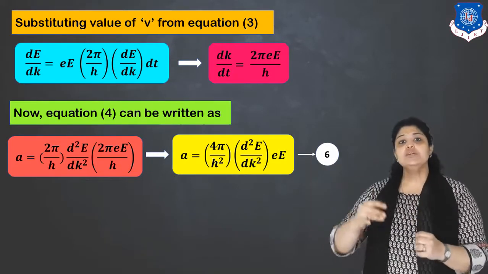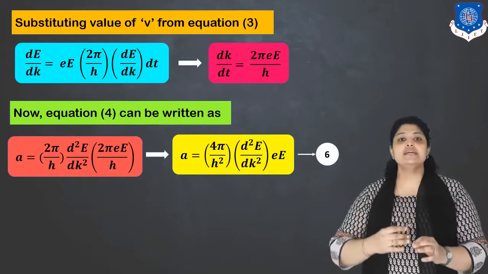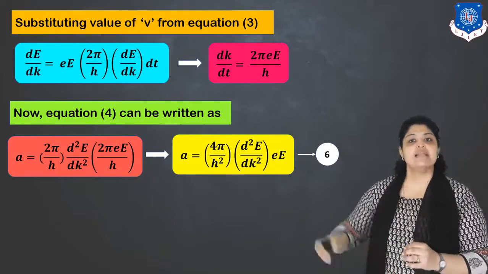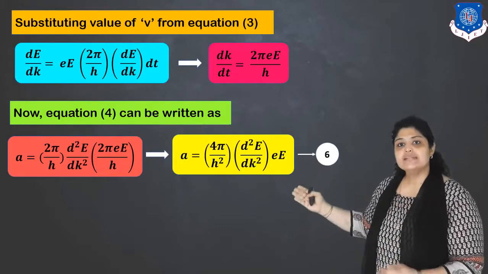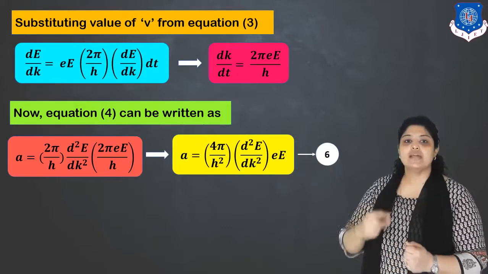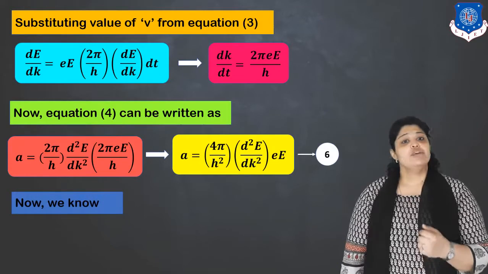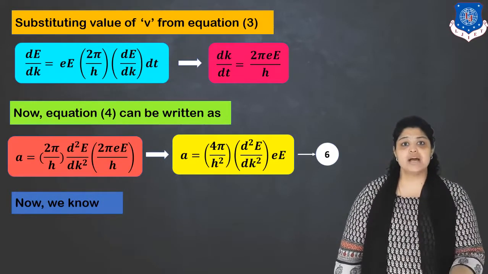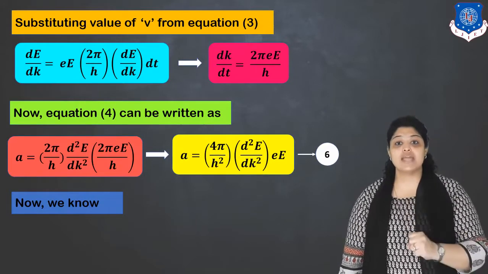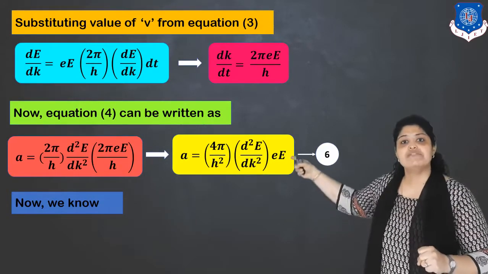The term 2 pi into 2 pi, and in the denominator h into h, is taken as constant, and the final equation is written as A is equal to 4 pi square by h square, d square E by dk square into eE. And we already know that m star, that is the effective mass, is equal to eE upon A, and the equation of A we have derived here.